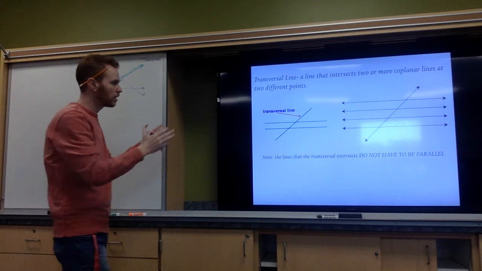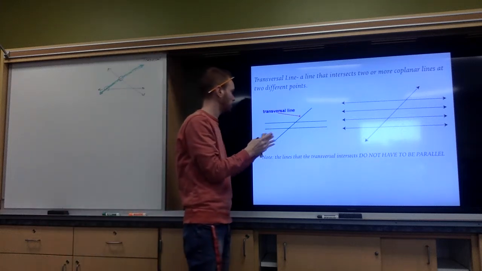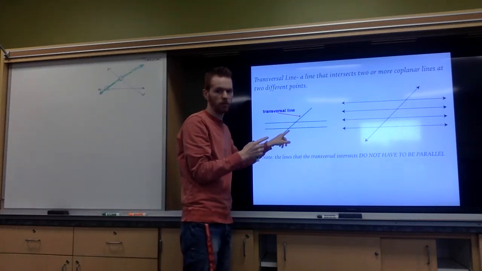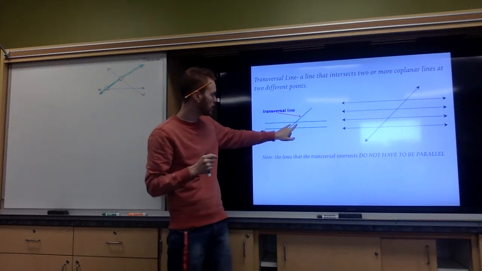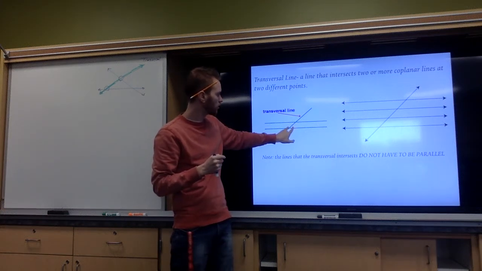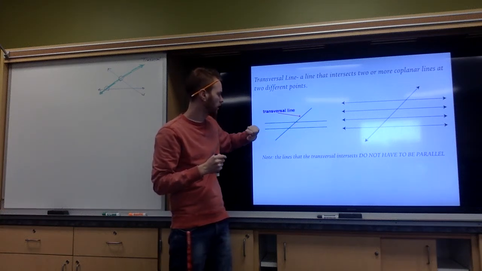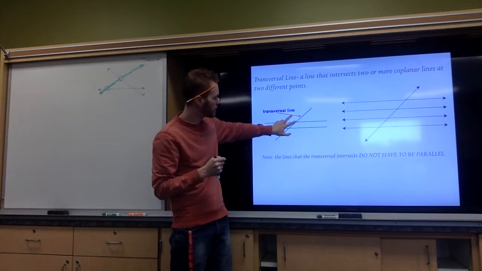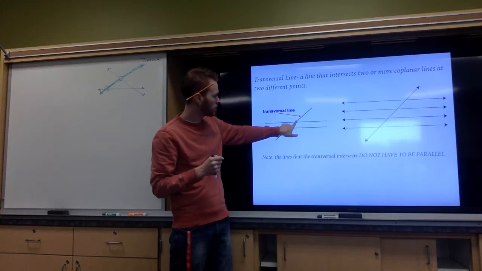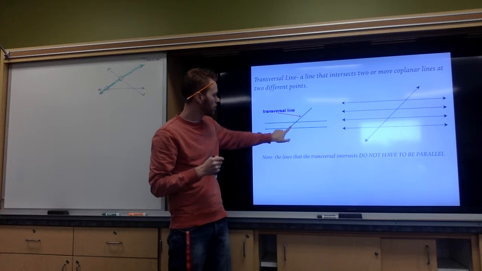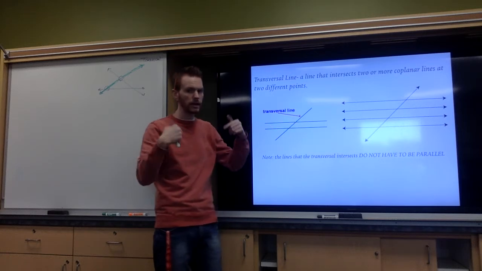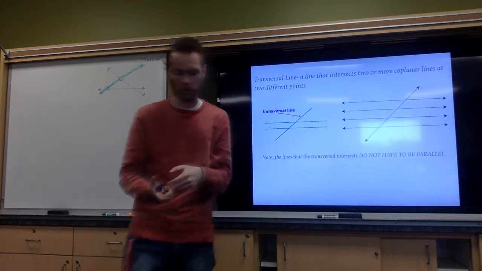Now, if you notice, when I do make that intersection, I have all these angles that are formed. Now, we know what some of these are already. These guys would be linear, right? These would be a set of linear angles, okay? These guys across from each other, these would be vertical angles. So some of these already should be familiar, okay?